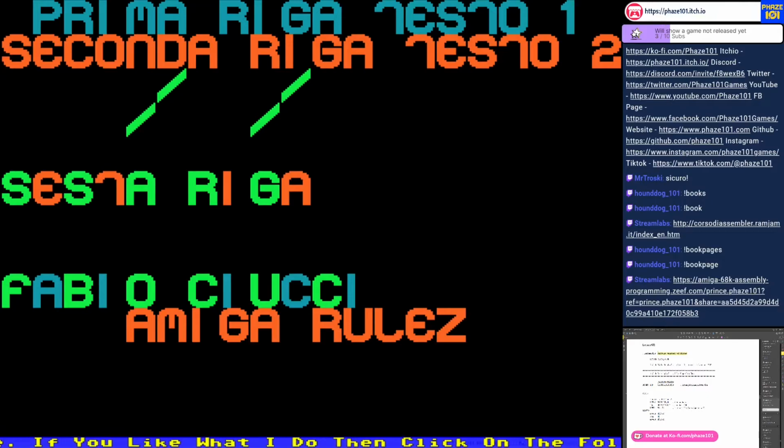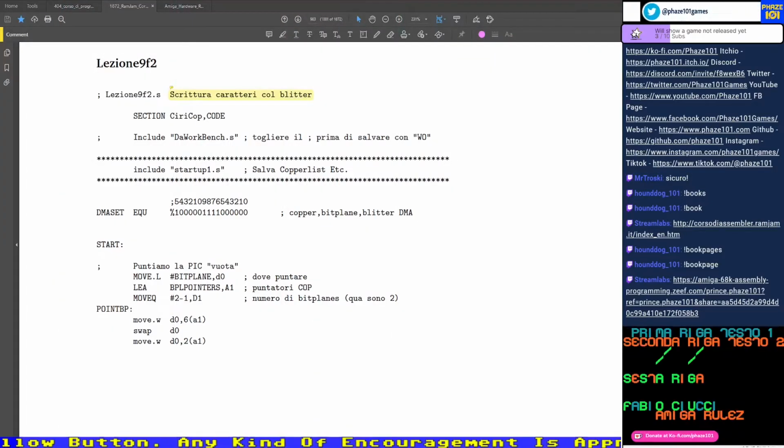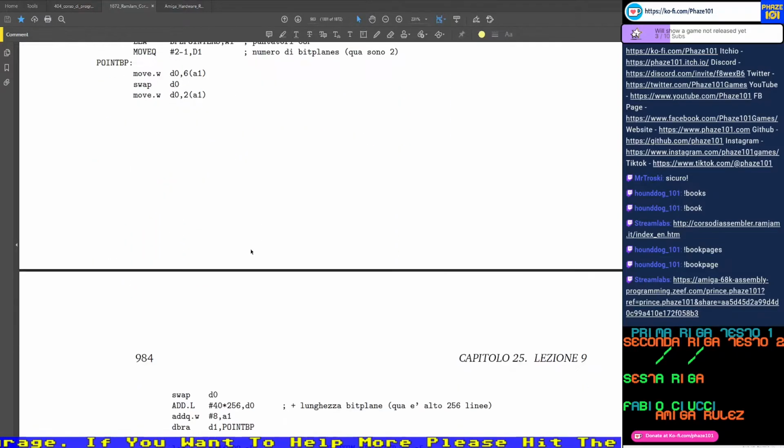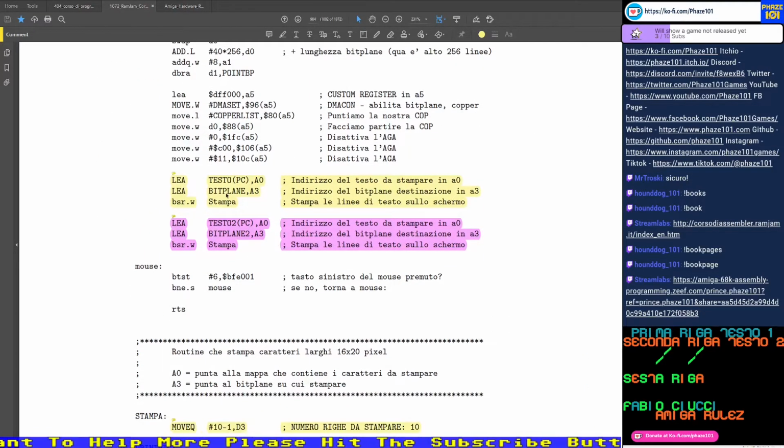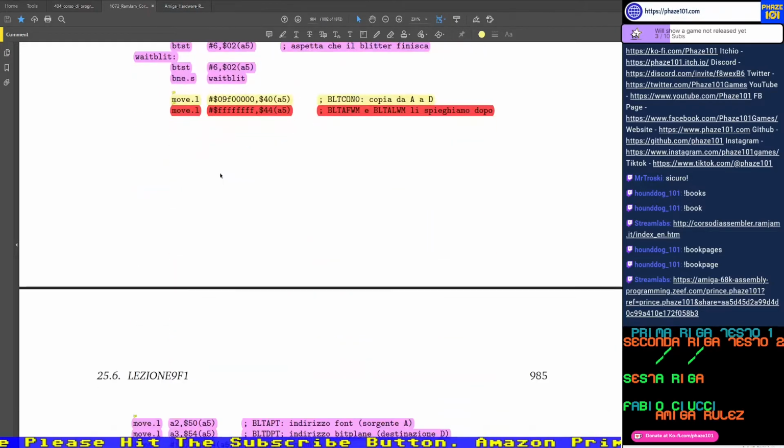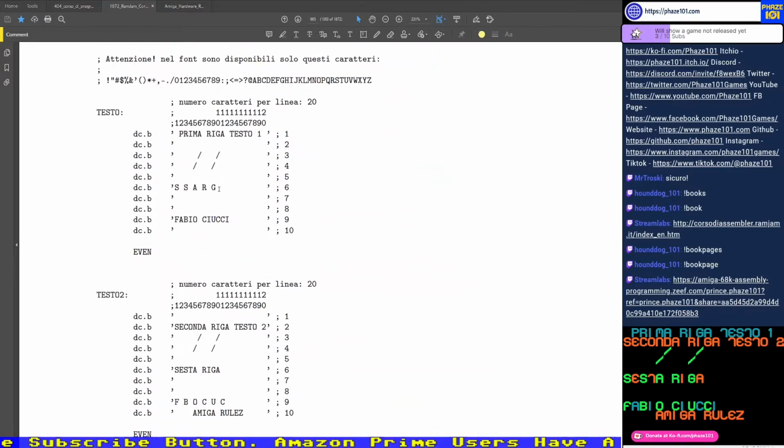I'm going to leave the Amiga and switch to the book. This time you will see that he's saying writing characters using the blitter. Before I explain the routine, I just want to show you something. This is what we have on the screen, and you can see we have this text and this text.